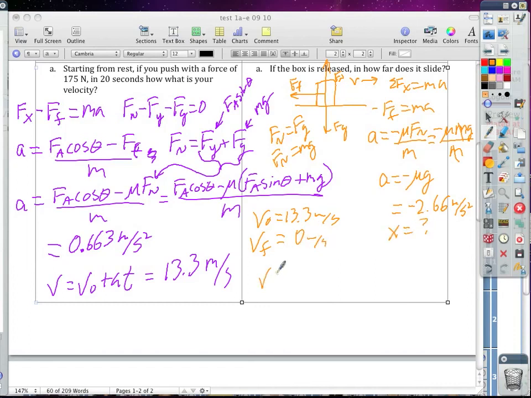So I use v squared is equal to v0 squared plus 2ax. x is equal to v final squared minus v0 squared, all over 2a. Vf is 0, so we get 13.3 squared divided by 5.33 or something like that. And we get about 33.2 meters.